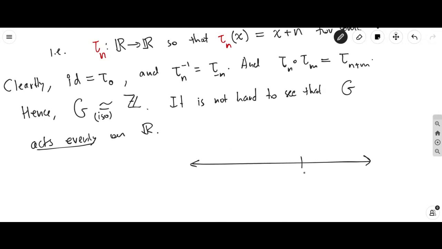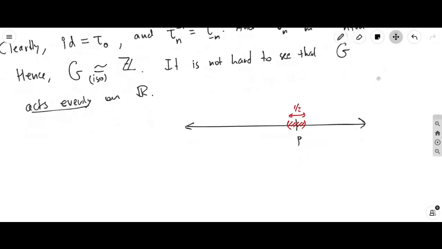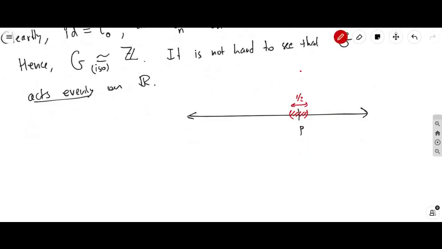And you pick a point, P, on the real line. And now you're going to draw a neighborhood. So you're going to draw an open interval. Let's say its width is 1/2. So if it's sufficiently small, and if its width is 1/2, then let's see what happens when you apply various translations to it. So we're going to call this open set U.